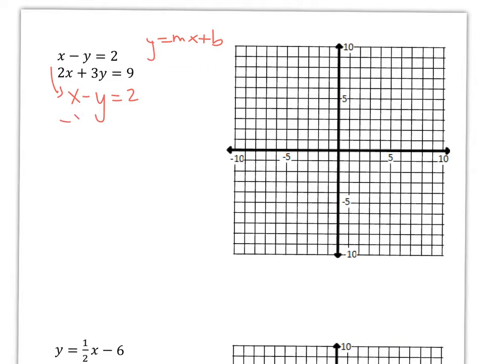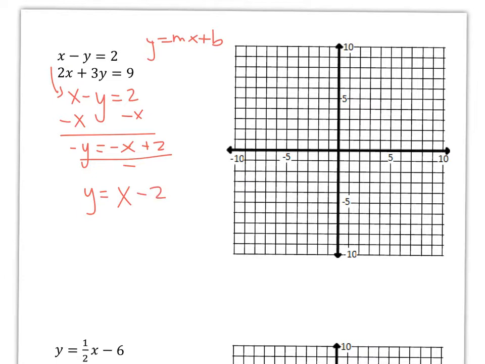I'm going to subtract x and then get negative y equals negative x plus 2. Divide everything by -1. So y equals -1 divided by -1 is a positive 1x. And then 2 divided by -1 is -2.